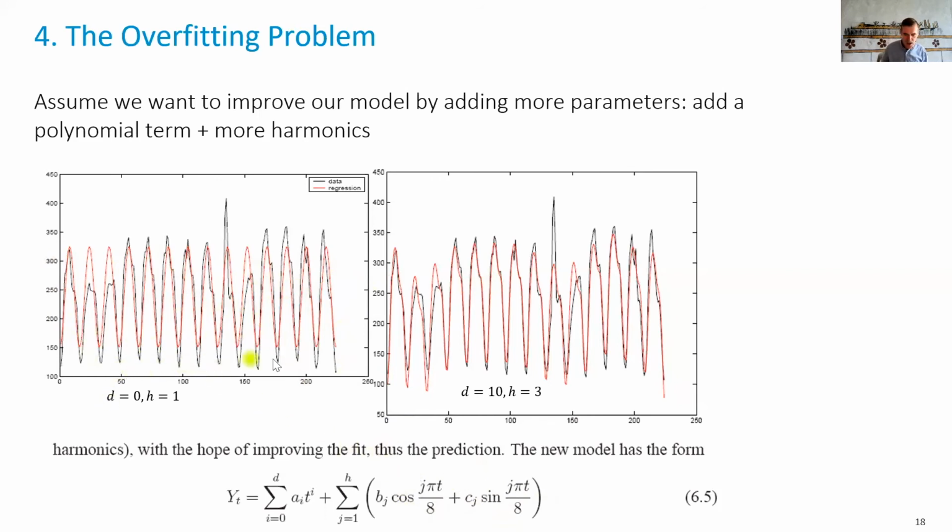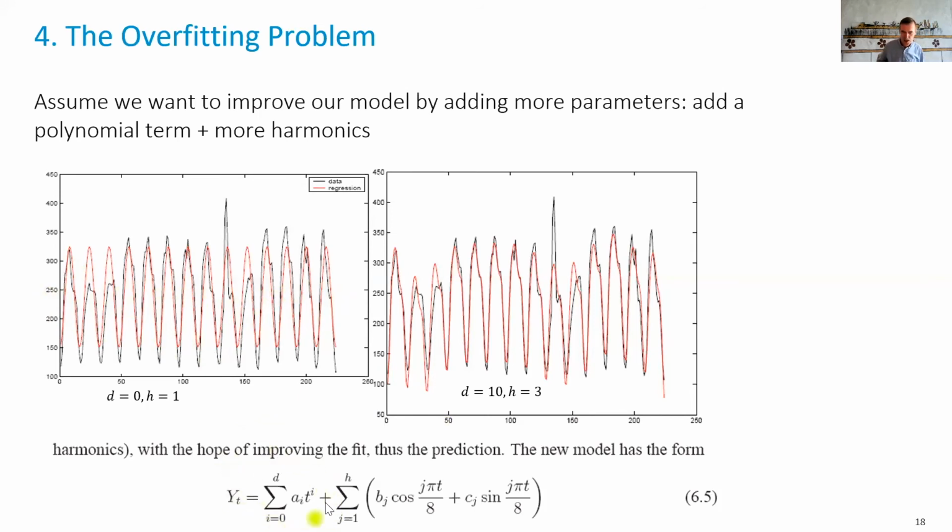Here I had improved the model by adding a polynomial term, because if we look at the data over a long period, which is what is done for this model here, it's not very visible, but we see that there is a growth. If we take the average, for example, over 24 hours, we see that there's a small non-linear growth, a small convex growth. So it's probably a quadratic growth.